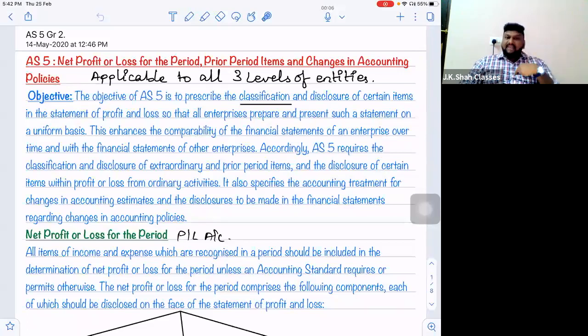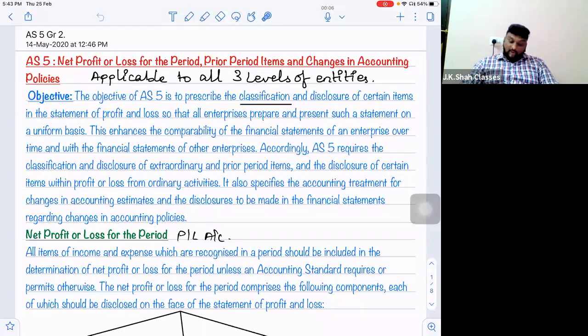So yes, in my profit and loss account, technically all the incomes and expenses relate to this specific period only for which I prepare my P&L account. But there are prior period items which may appear in the profit and loss account. These prior period items don't belong to the current year. They are technically the errors or omissions of the previous financial years, which now arise for rectification. If you rectify them, it is going to affect the incomes or expenses of the current year. So yes, it is possible.